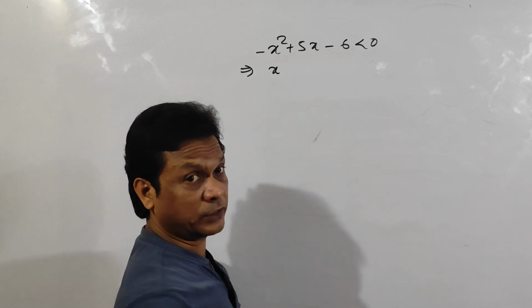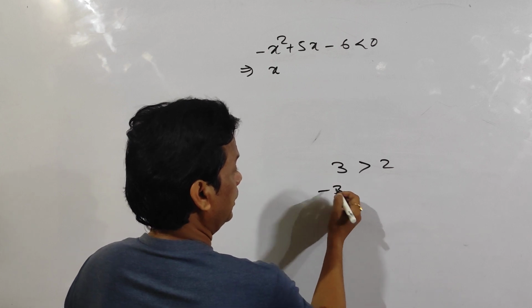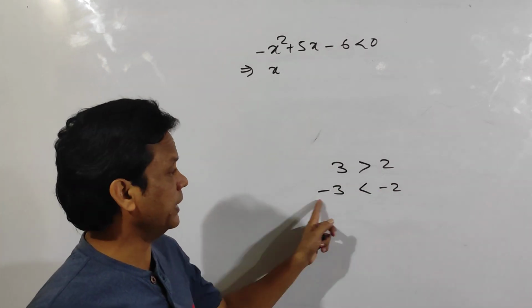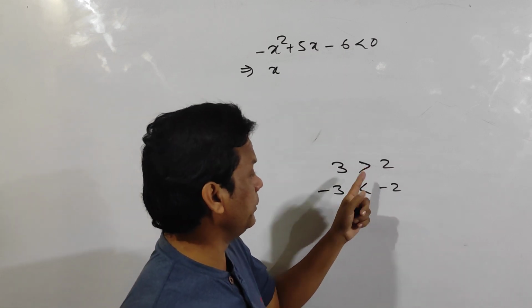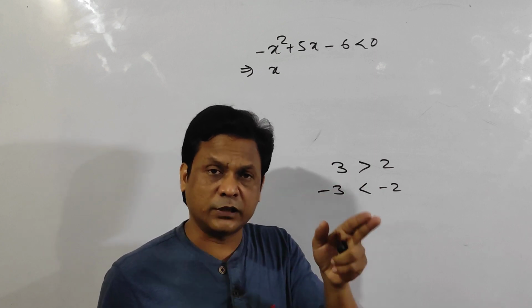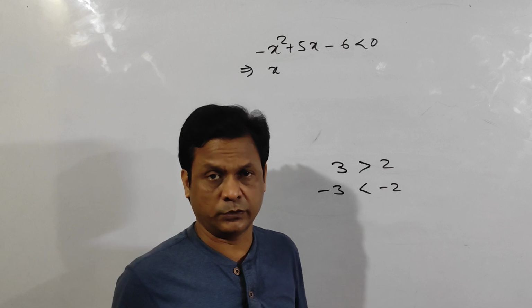And if you multiply minus to both the sides, see here, 3 is greater than 2. And if you multiply negative on both the sides, the sign will change. Because minus 3 is less than minus 2. So less than will become greater than, greater than will become less than, less or equal to will become greater or equal to, and greater or equal to will become less or equal to. Okay.